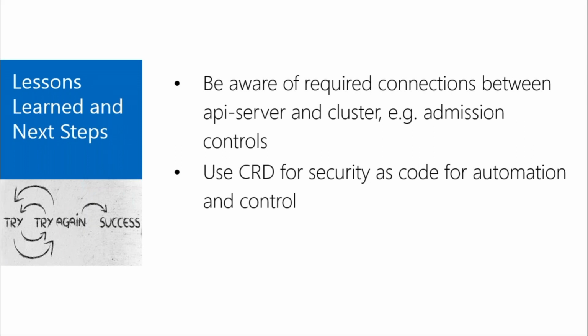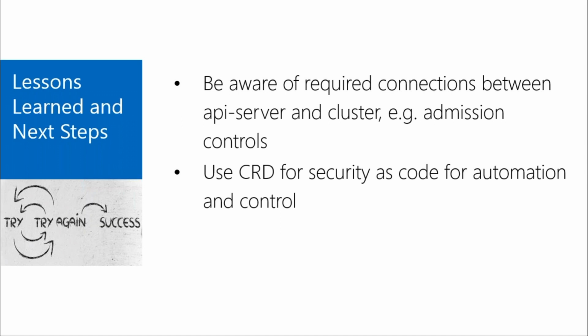For example, we had a situation where our admission control got locked. Nothing got deployed, so everything was locked. We had to go back to IBM and to the NeuVector engineer to understand how admission control controls the full cluster, what the workflow is, and what the critical components are that admission control requires to talk to Kubernetes.